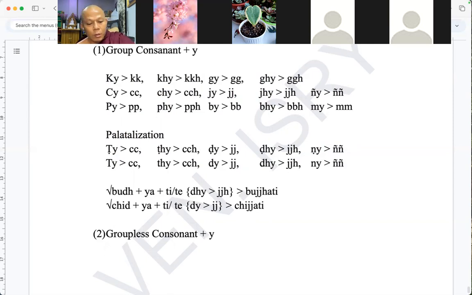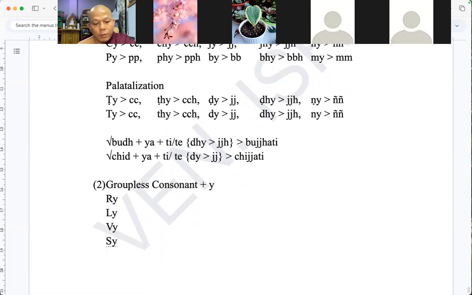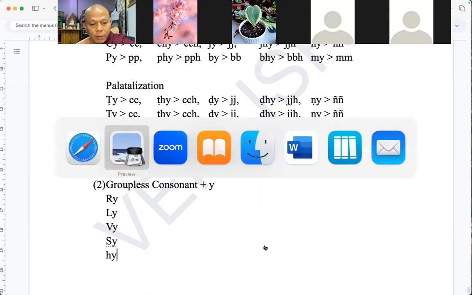For example, ra-ya, ya-ra, la-ya, wa-ya, sa-ya, and ha-ya. These five possibilities are what can happen.